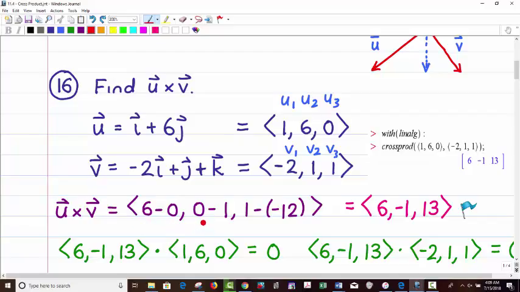The next one is u3 v1. 0 times negative 2 is 0, minus u1 v3, which is 1 times 1. The last one, u1 v2, 1 times 1, minus u2 v1, 6 times negative 2, negative 12, so you have 1 minus a negative 12. So your cross product result will be 6, negative 1, 13.